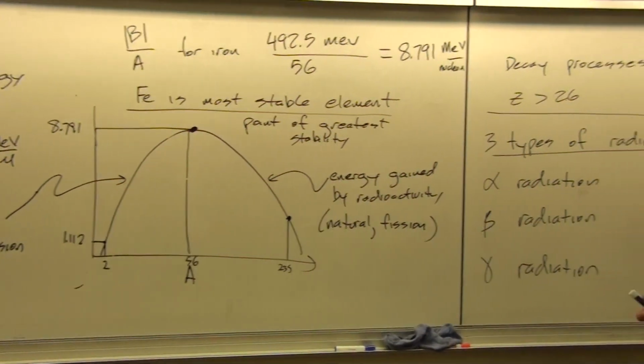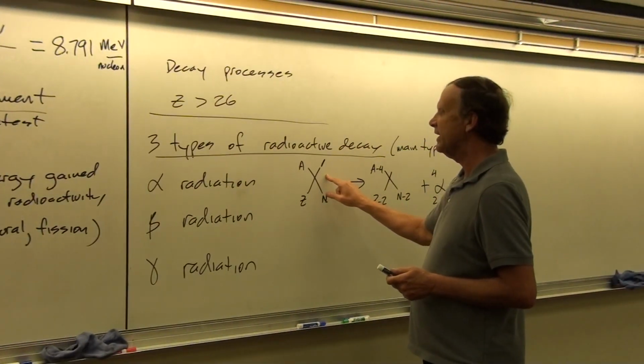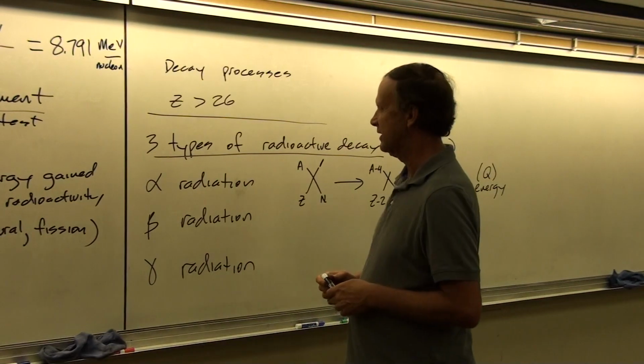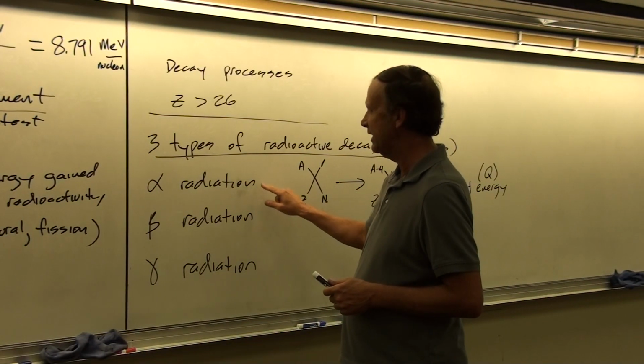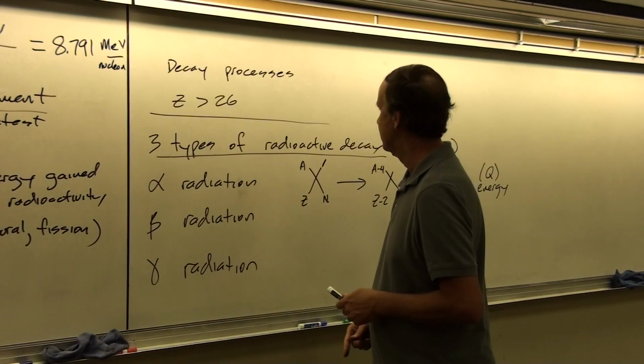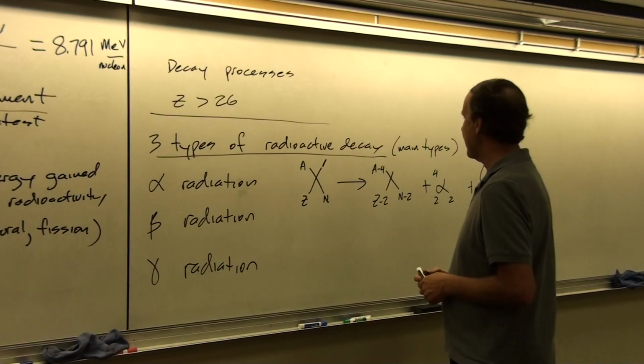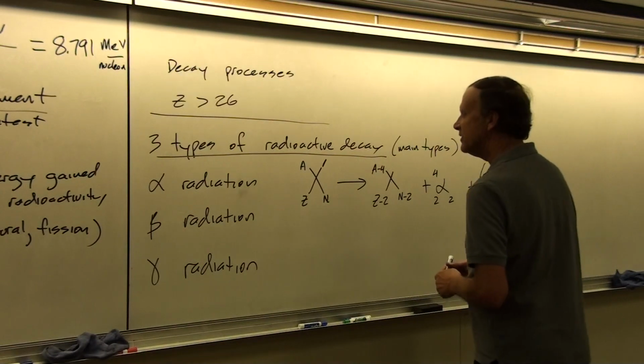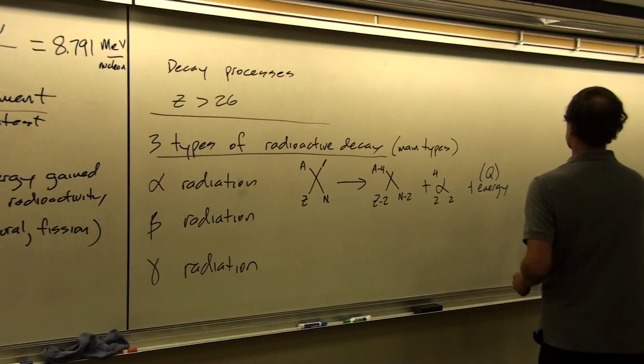Okay. So that being said, let's look at three different types of radiation processes that can take place. We have alpha radiation, beta, and gamma. When we talk about alpha radiation, we are talking about the release of a helium nucleus.